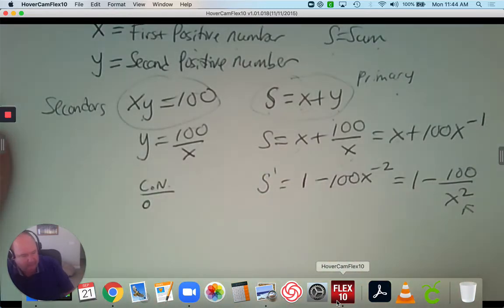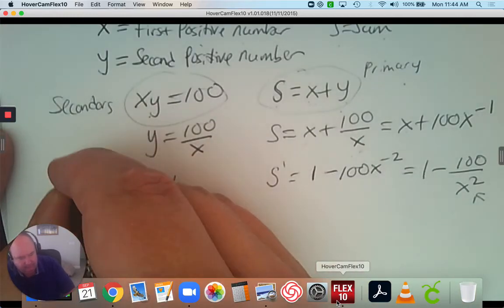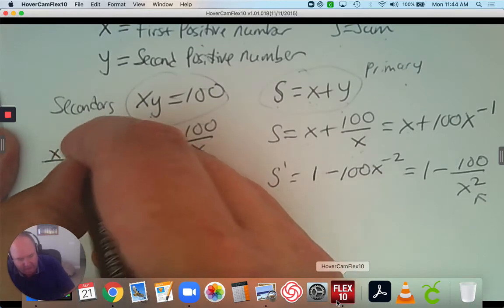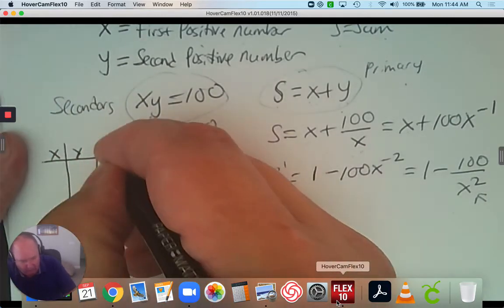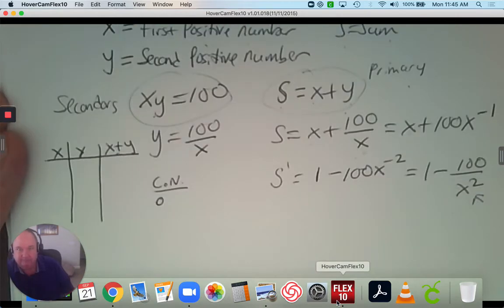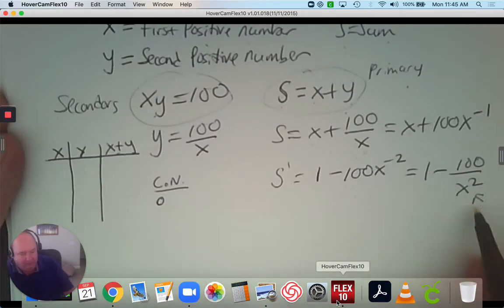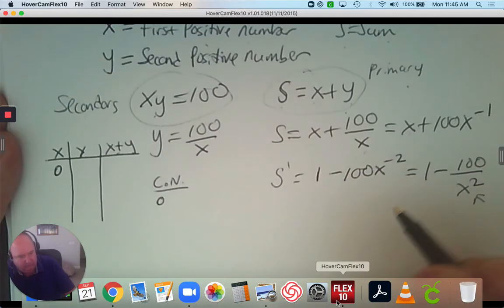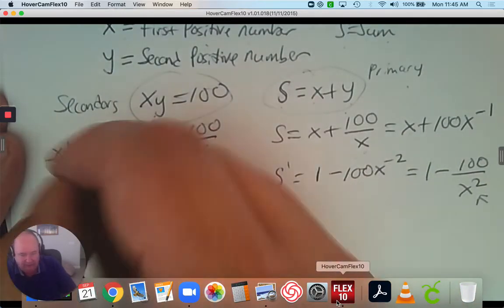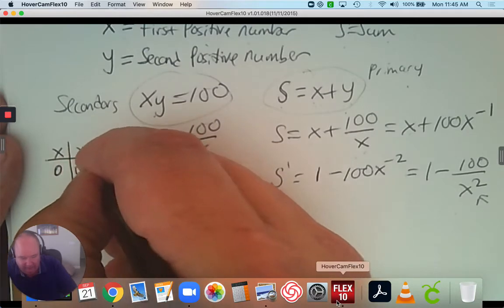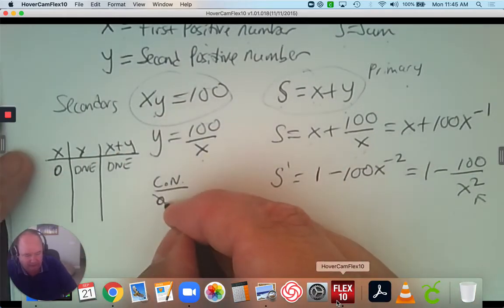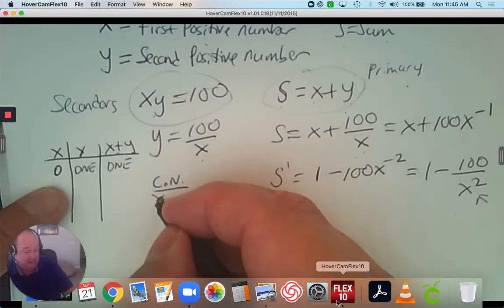When I do a table, we have x, we have y, and then our goal is x plus y being the smallest number possible. If a critical number for x is 0, if I plug in 0 for x, what's y? y is undefined, so there's no sum that exists for 0. I don't need that one, but I need to at least test it out.